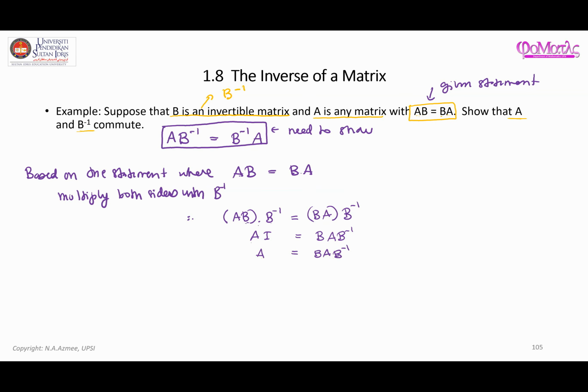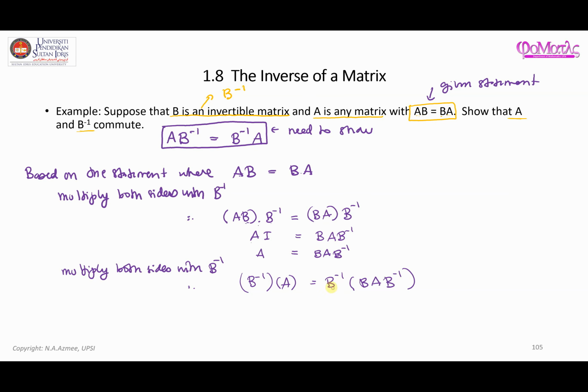Now what we're going to do is multiply both sides with the inverse of matrix B. So again, we're going to do this multiplication process, multiply both sides with the inverse of matrix B. Therefore, we can consider the inverse of B to be on this side, multiplied with A. So inverse of B, B, A, B, inverse of B here.